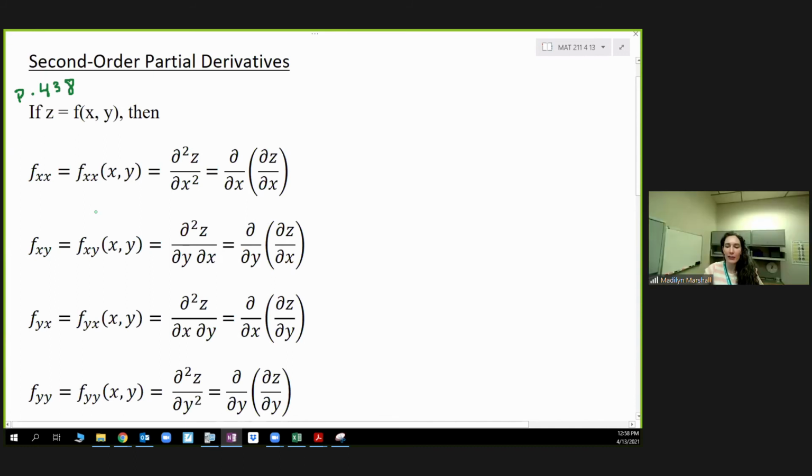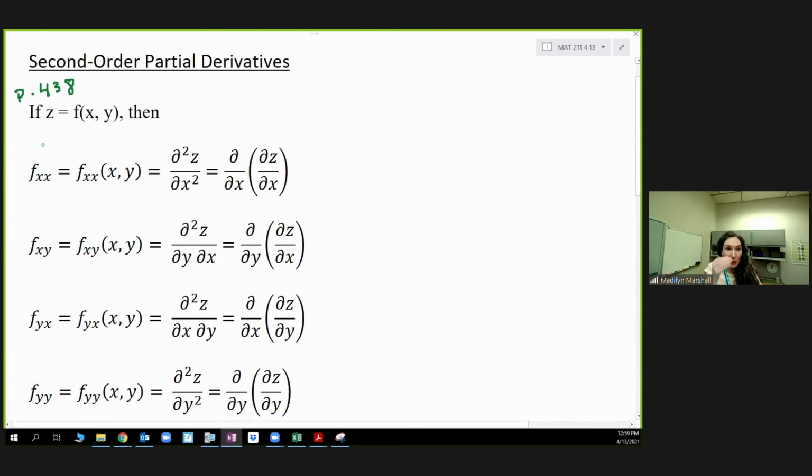So if we have just one variable, which we've had up until now, when we do a derivative, there's just one way to do that derivative, and then when we do the second derivative, there's only one way to do that. So there's really no confusion about what kind of derivative we're doing. But when we have more than one variable, we have to be specifying which variable we're taking the derivative of.